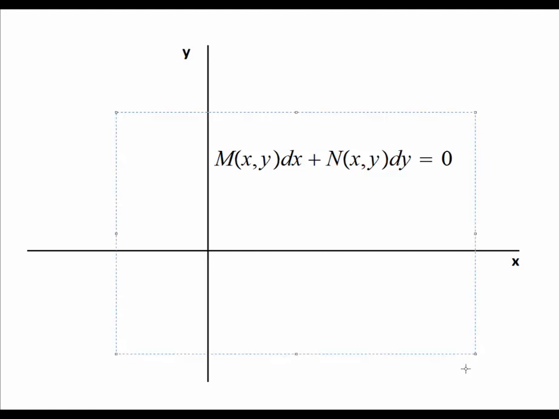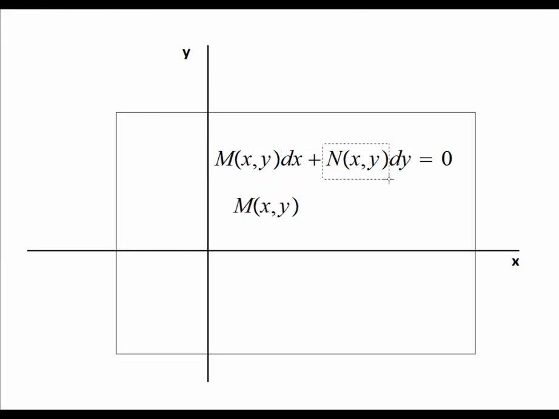I'm showing that in a little geometrical sense: here we have this differential equation given to us, and say we know that there is a rectangular region in which both these functions M as well as N have, and this is important, continuous partial derivatives.